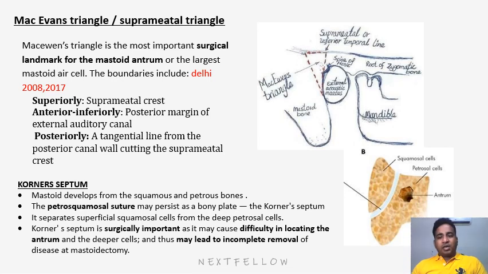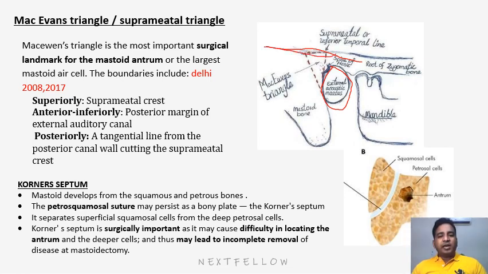So now there is another triangle which is known as McEwen's triangle. What is this McEwen's triangle? Suppose this is my external auditory canal. It is a triangle which is bounded superiorly by the suprameatal crest, or we can say the inferior temporal line. This is a thick crest-like structure above the external auditory canal. So this is my suprameatal line.